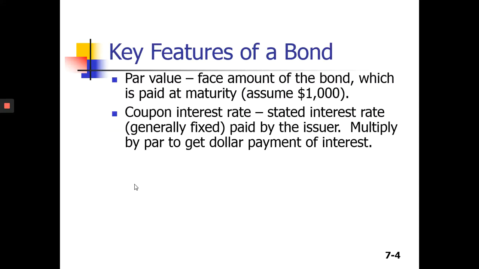We will then study the different types of bonds. For example, discount bond, par bonds, corporate bonds, foreign bonds, treasury bonds, mortgage bonds, junk bonds, and some other types as well.